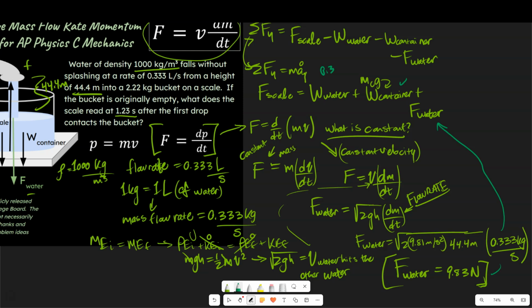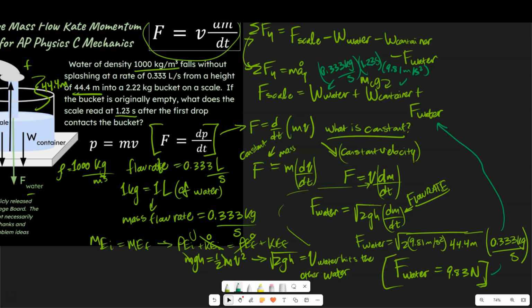We know that we have 0.333 kilograms per second of water being added, but we also know that we're dealing with 1.23 seconds. If we multiply these two together, that's going to give us our mass of the water, and then all we would need to do is multiply by 9.81 meters per second squared, and that's going to give us the weight of the water.